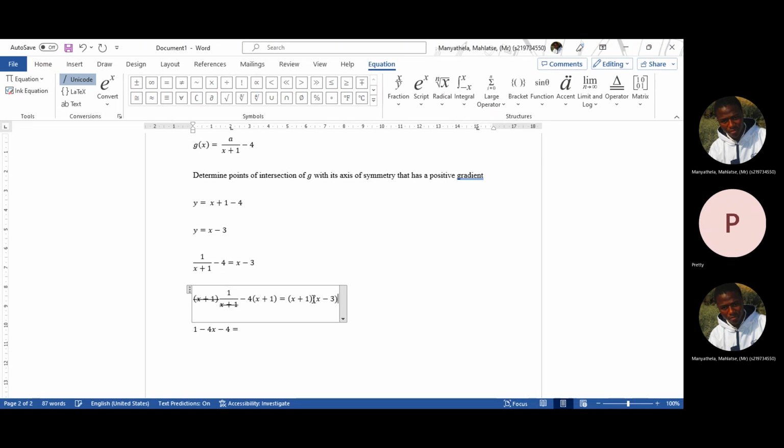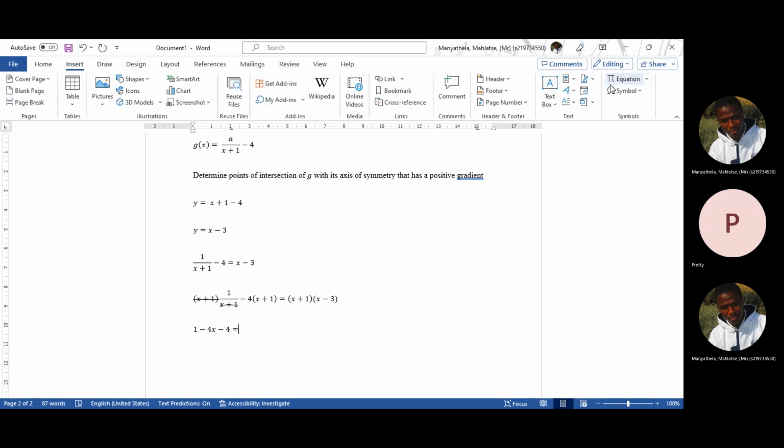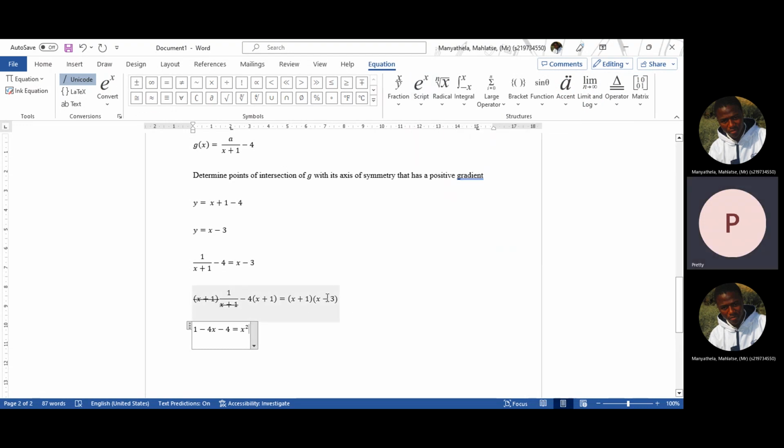Multiplying x times x gives x squared. Then x times minus 3 is minus 3x, because you're multiplying x by minus 3. Then 1 times x is positive 1x, and 1 times minus 3 is minus 3. So let's add the like terms.